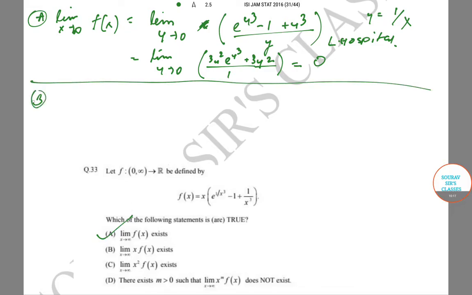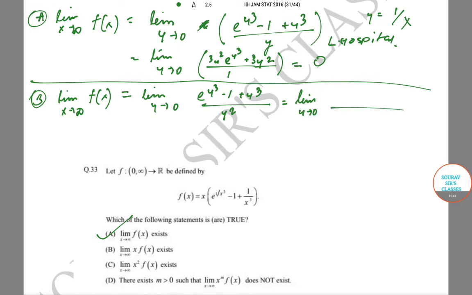Now for B, limit x going to infinity x f(x), once again we do exactly the same thing. We put y equal to 1/x and get limit y equal to 0, e to the y cube minus 1 plus y cube by y squared. This again by L'Hopital's rule is equal to 3y squared e to the y cube plus 3y squared by 2y.